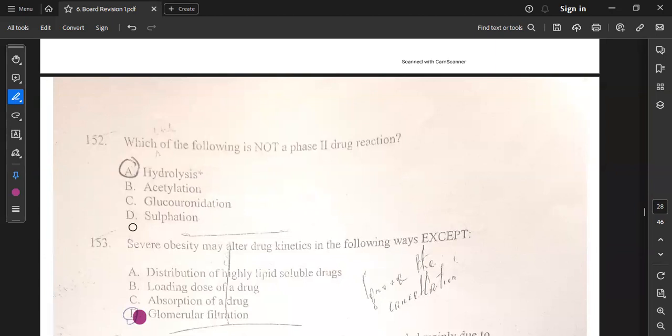So I'd go for D. Although I'm seeing over here that obesity can affect renal and hepatic function, which may impact drug clearance and prolong the drug's presence in the body. So I'm not too sure.